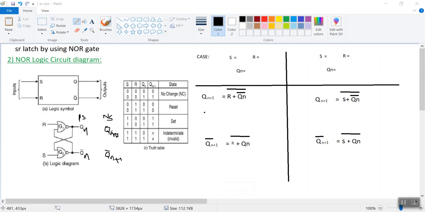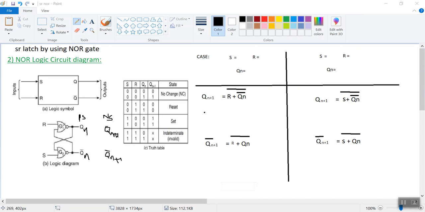For this Qn plus 1, we consider the NOR implementation, with two NOR gates. Here I considered S and R, but in the circuit I considered R and S. Depending on the requirement and the application, we can choose the variable order.